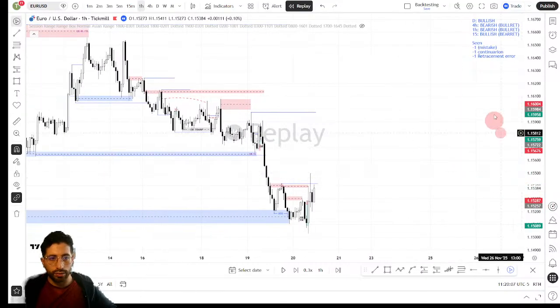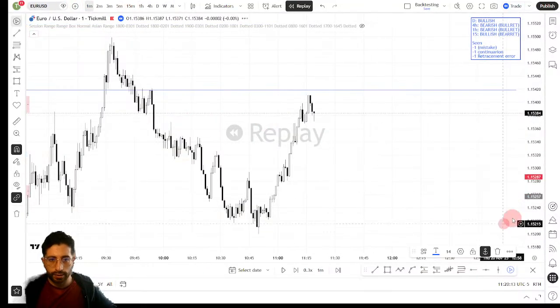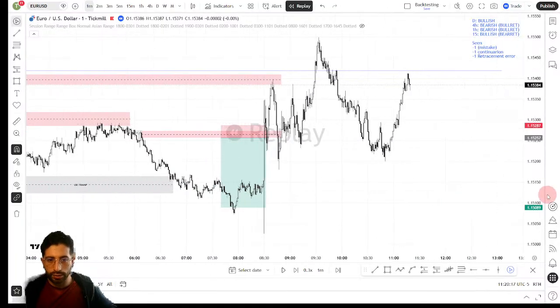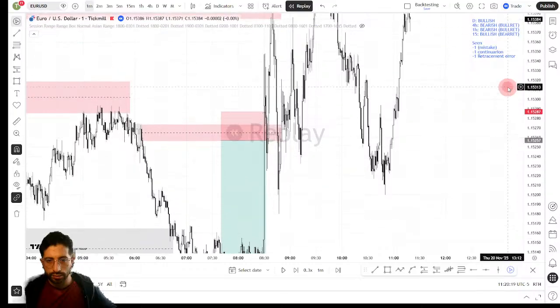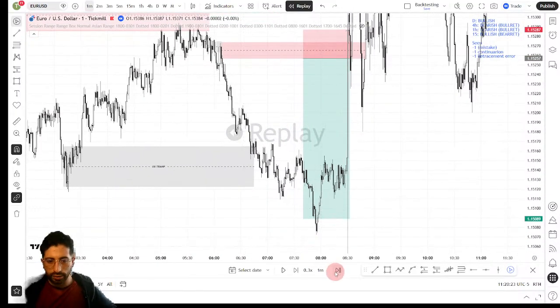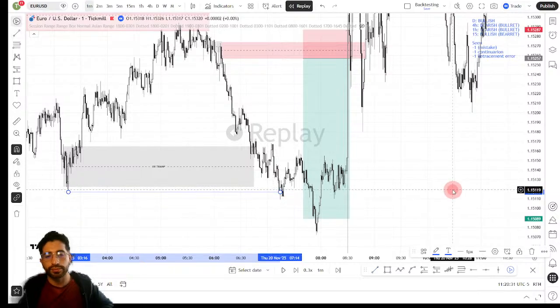Right, guys. So we got another loss, and it was a booster. There was a booster, but I need to understand why I was out. I think since this breakage here, I should have deleted the order, because after this one I should have understood the price should have been, I should have been out.